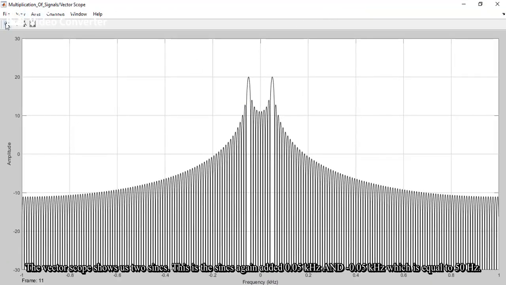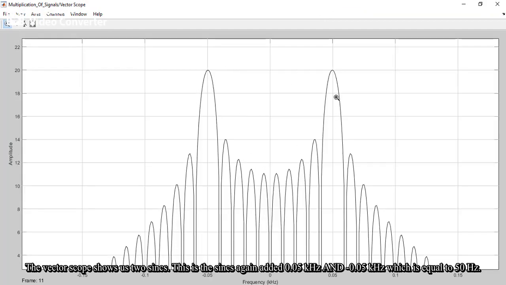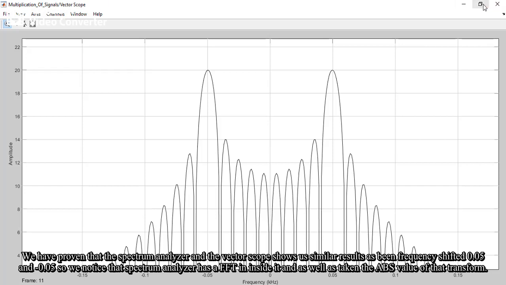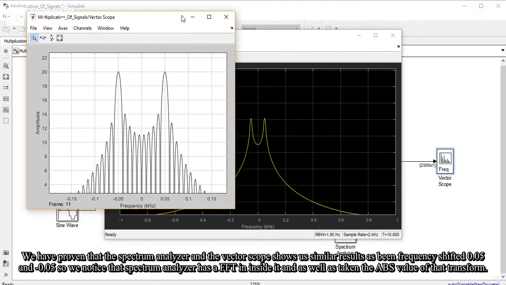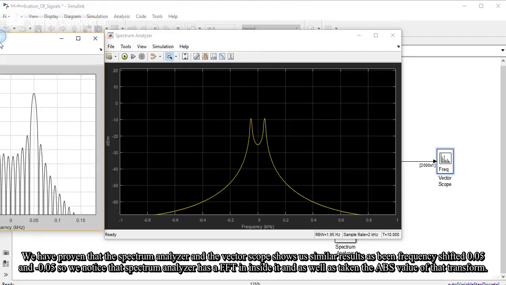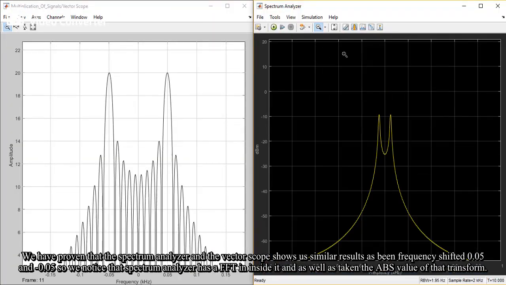The vector scope shows us two sincs, here again at 0.05 kilohertz and minus 0.05 kilohertz, which is equal to 50 hertz. We have proven that the spectrum analyzer and the vector scope show us similar results, with the frequency shifted to 0.05 and minus 0.05.